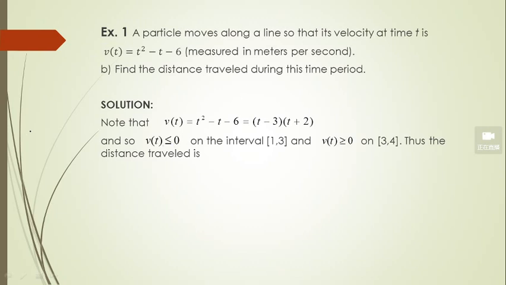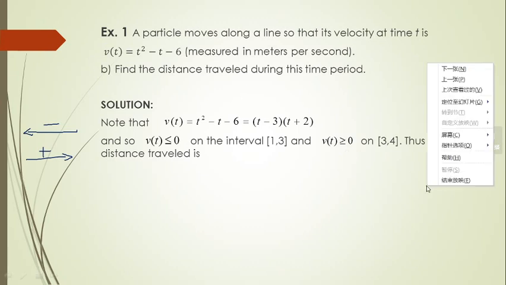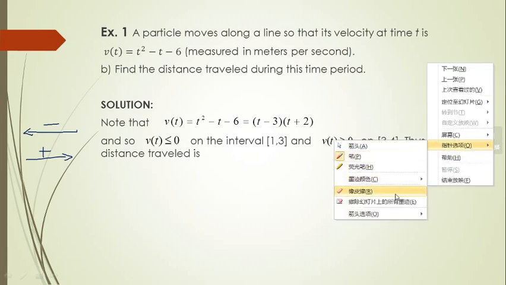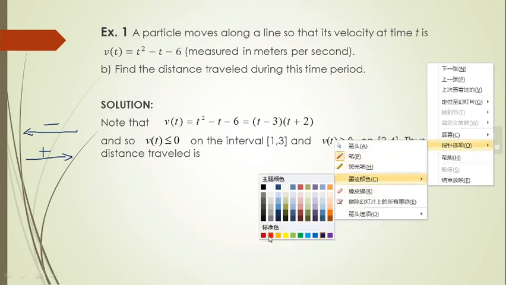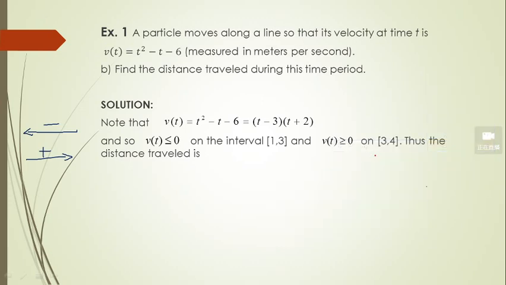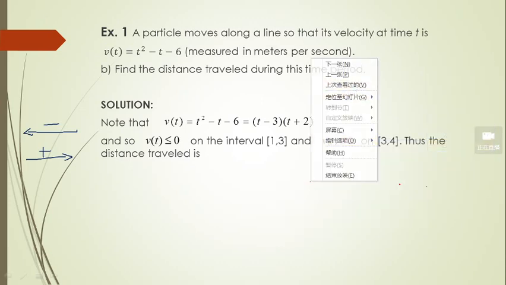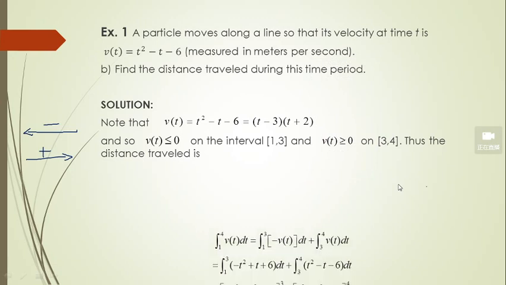That is the negative direction, and this direction is positive, right? So the positive part is when we have the time from 3 to 4 seconds. Then the distance traveled we separate into two parts, okay?